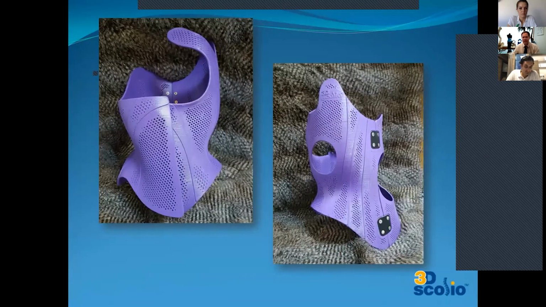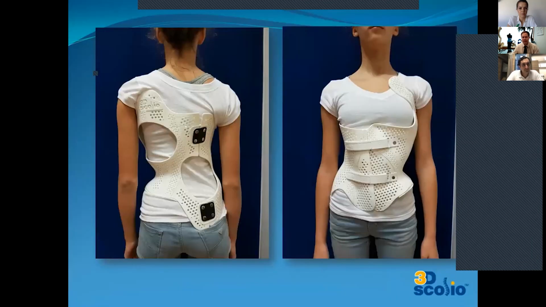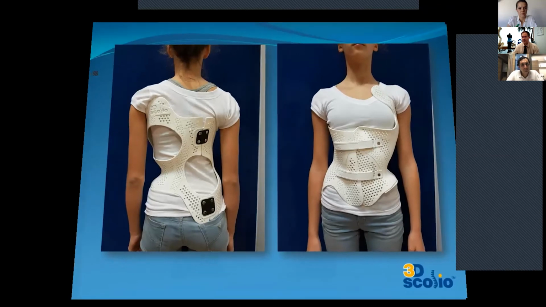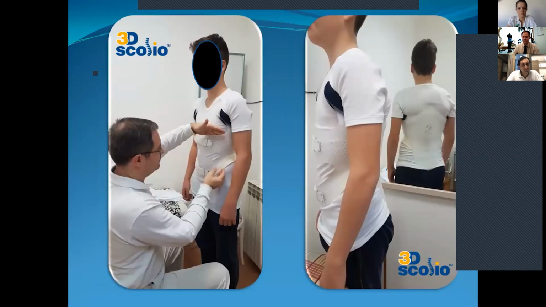Some impressions of how our braces look. Most of the time we try to keep as much material away as possible. We try to reduce and we try to improve the microclimate between the brace and the patient. There we can use the strong, new materials to give the patient as much freedom or air as possible.